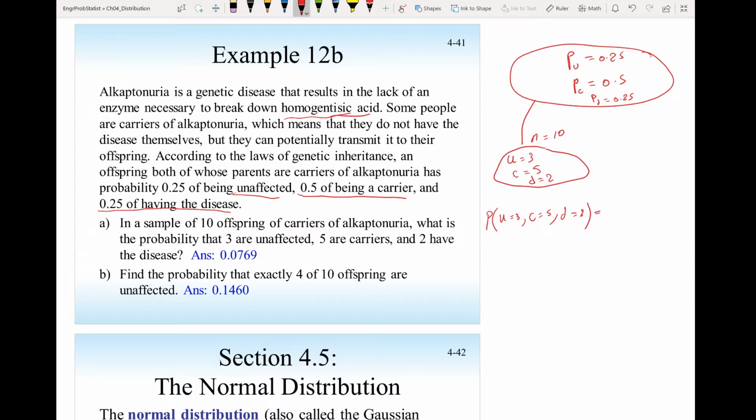So that will be n factorial, which is 10 factorial, divided by 3 factorial, 5 factorial, 2 factorial. This will give me the total number of possible combinations of 3 unaffected, 5 carrier, and 2 disease. Now for each combination, the probability of unaffected is 0.25, and how many of them?